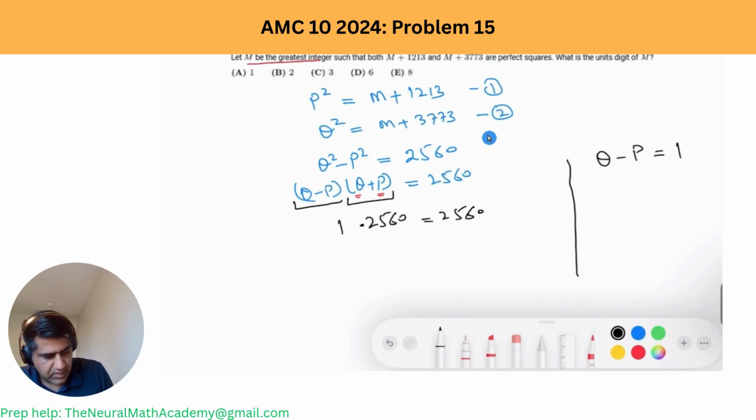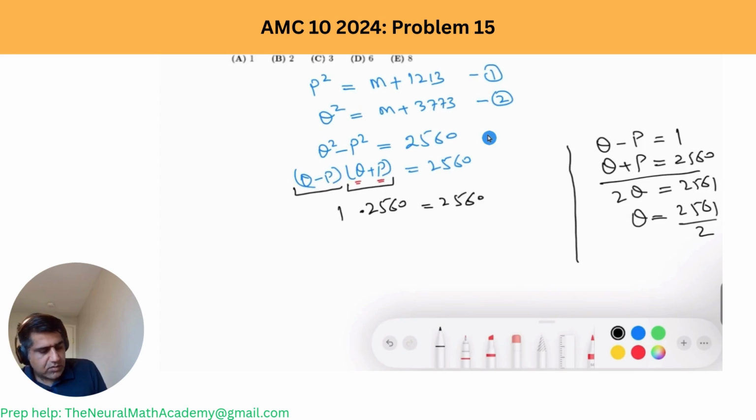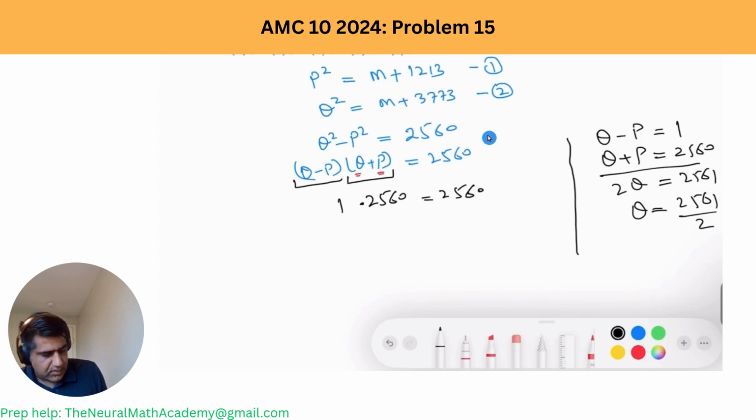So if I solve, I get 2q equal to 2561, right? So that means that q is not an integer since it is divided by 2, right? So then I will exclude this option and I will check the next option.